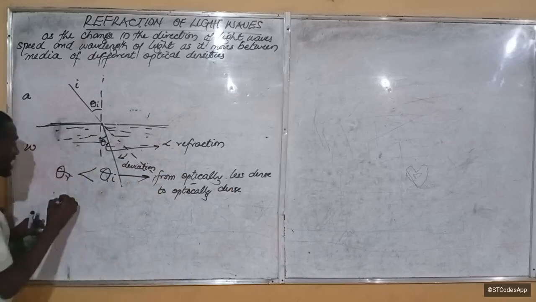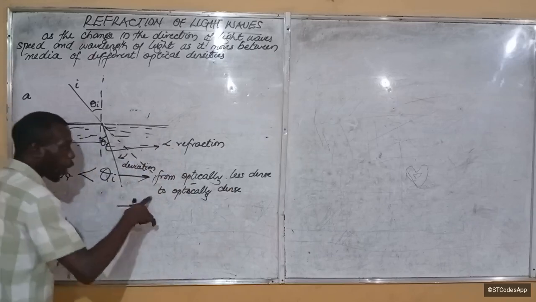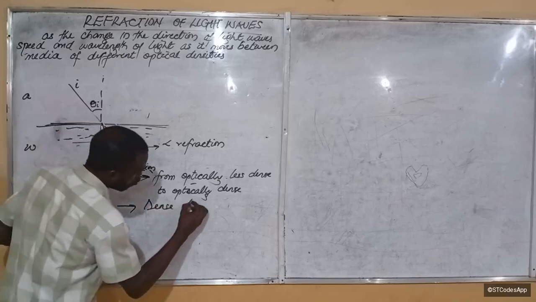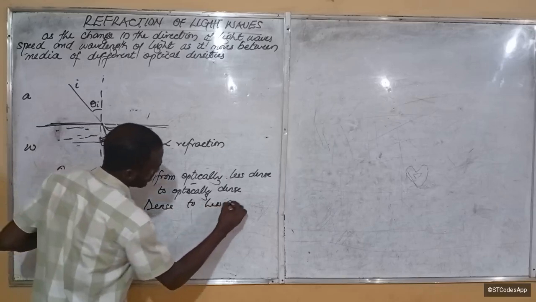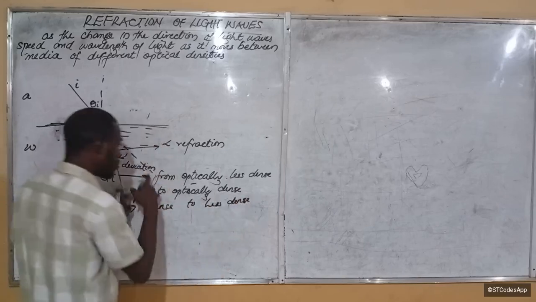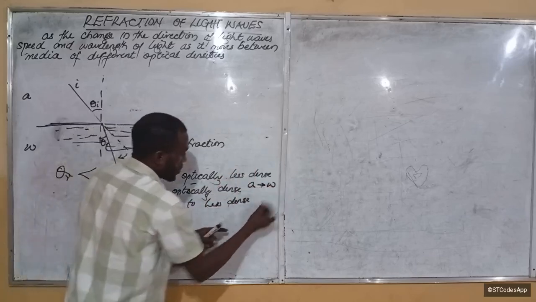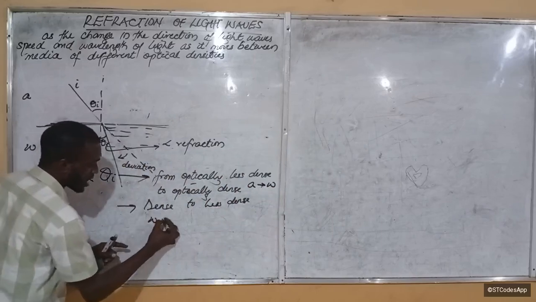But when the light travels from optically dense to optically less dense medium, an example of the first one, less dense to dense, is air to water. In this case, it now travels from water to air.